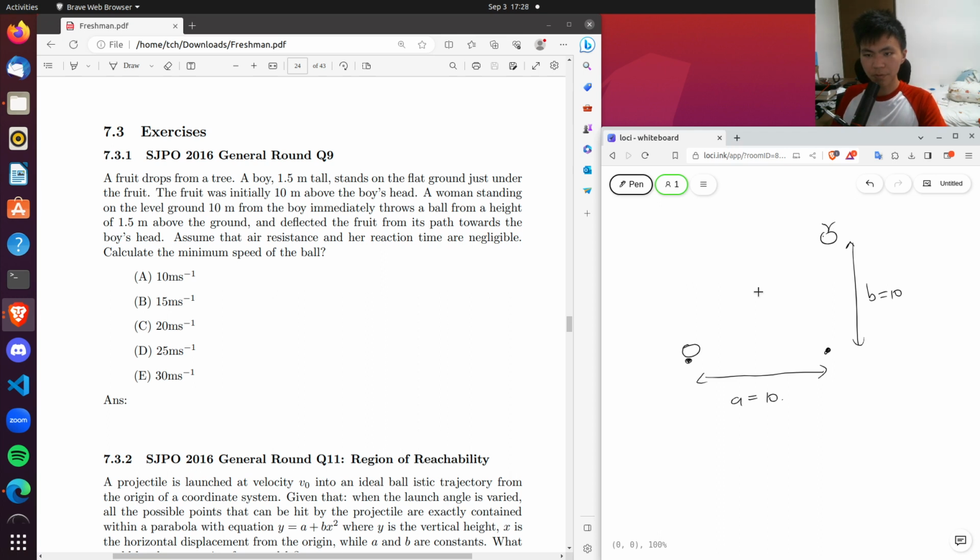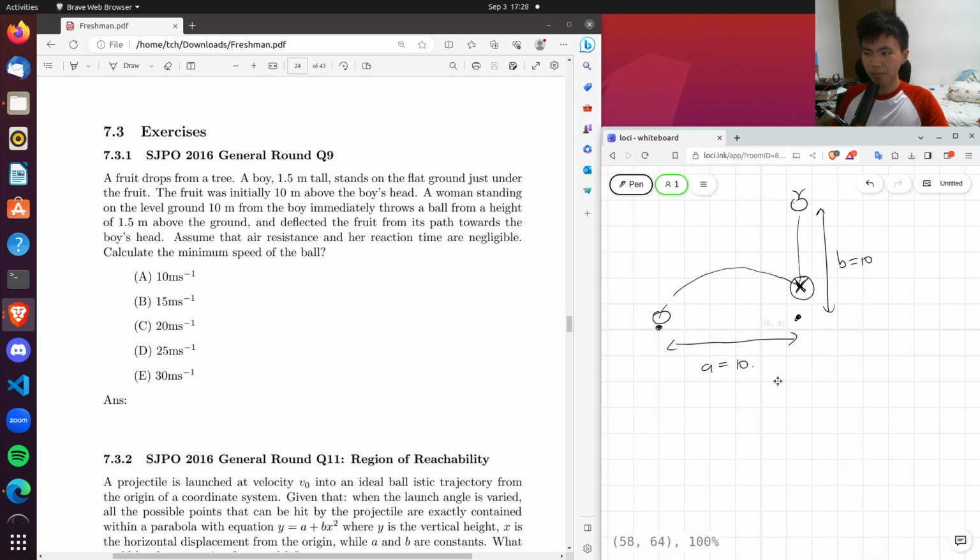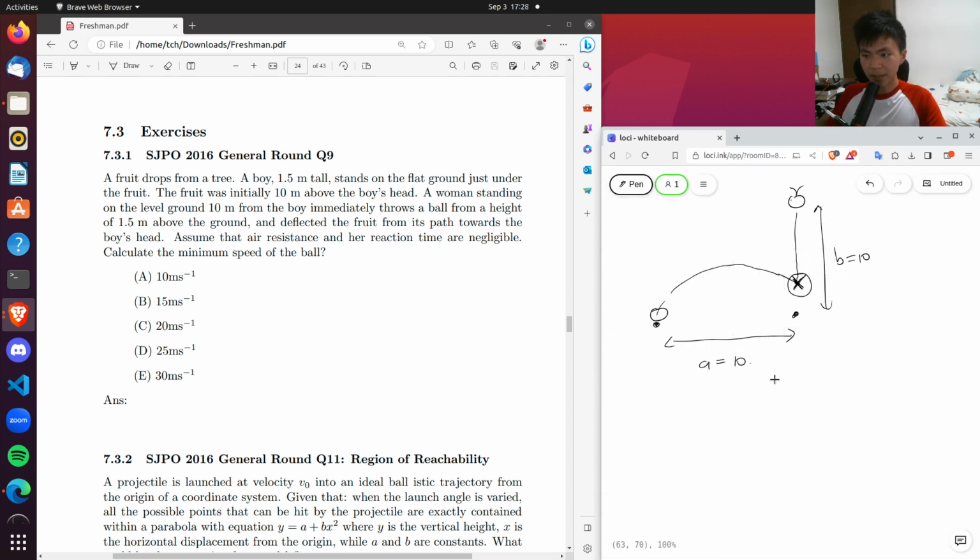First, she's supposed to throw the ball such that it follows a parabolic trajectory and it hits the fruit as it's dropping down. So what does it mean for them to hit at this location X, this part where I marked it out? What it means is that the ball's trajectory, the ball that the woman throws, is described by a parametric curve x of t and y of t.